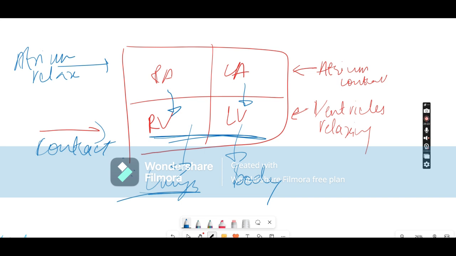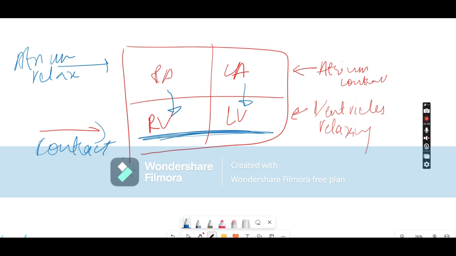The right ventricle also has to supply blood to the lungs, which is against the gravity. So that makes it very clear that the ventricles require much more energy, much more force as compared to the atriums. That is the reason why right ventricle and left ventricle have thicker walls, which makes them send blood with a greater force, because they have to send blood to a larger distance.